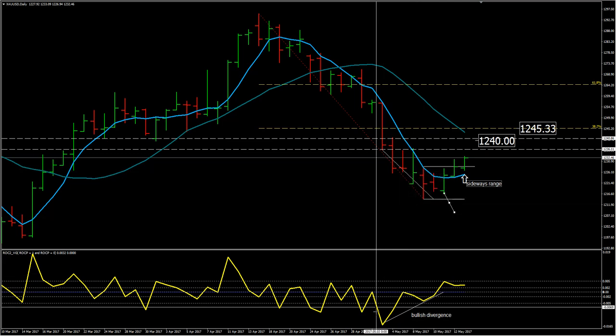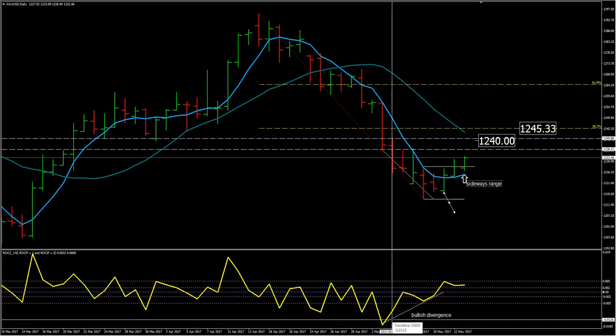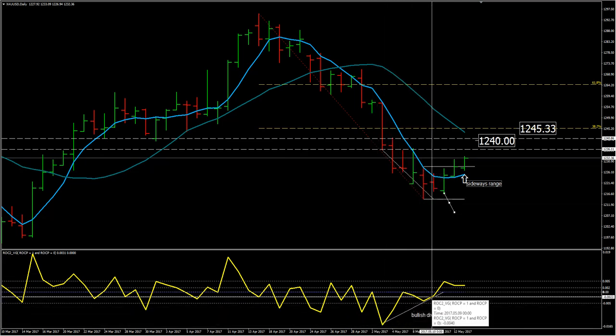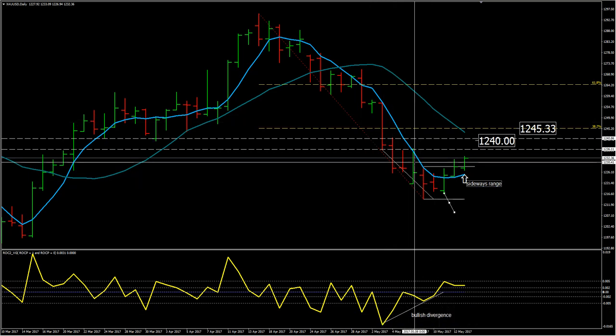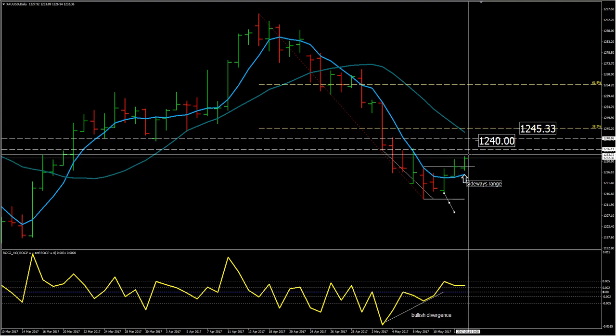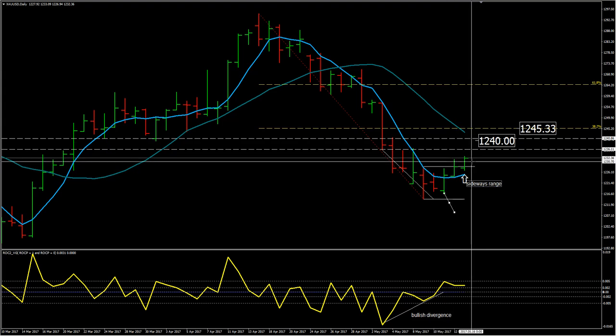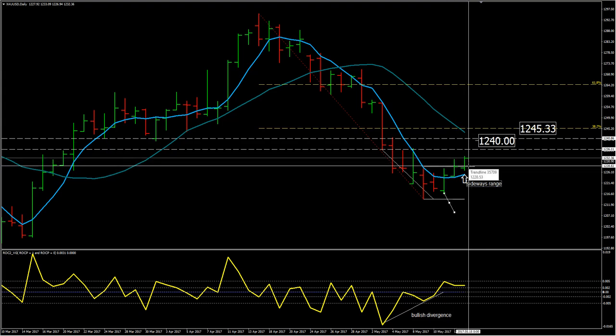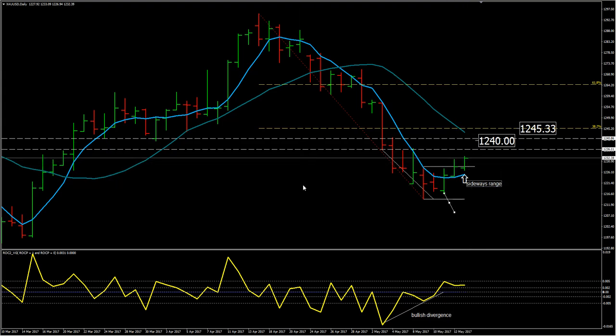Price went lower, and you see the rate of change oscillator created a higher low. On the oscillator there is a divergence combined with the breakout of this 3-day sideways range. It gives us a good clue, and this is a model where you can actually buy here and probably hold for 2 to 3 days after the breakout. So hold for the next 1 or 2 days and watch how it will develop.